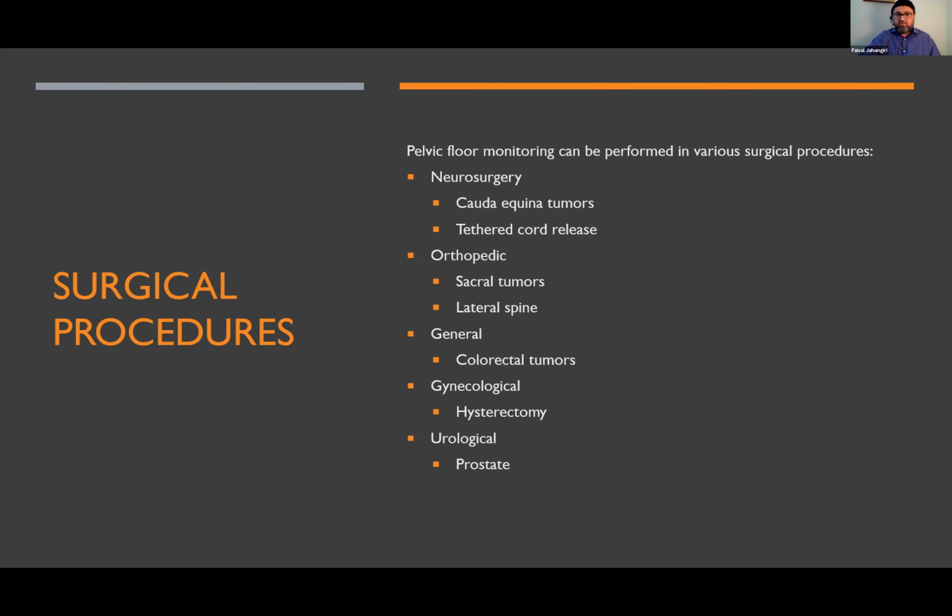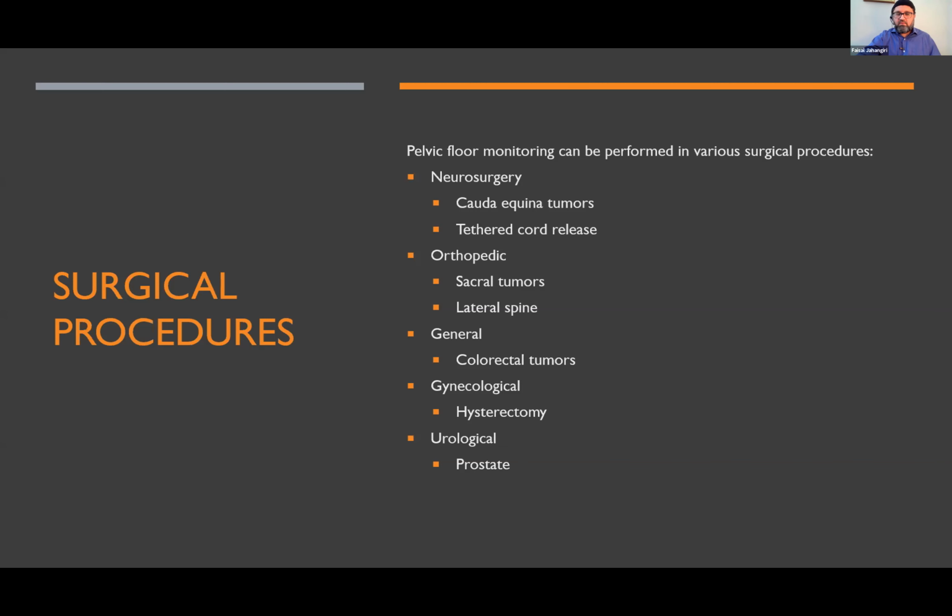So various surgical procedures where we can do this type of monitoring include neurosurgical procedures, cauda equina tumors, tumors involving the conus, tethered cord release procedures including myelocele, meningocele, and orthopedic surgery.